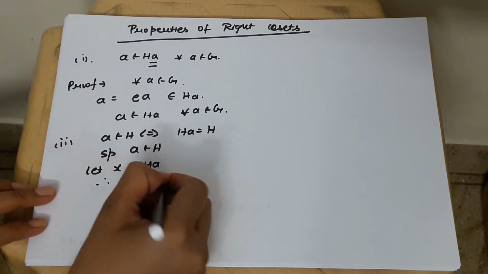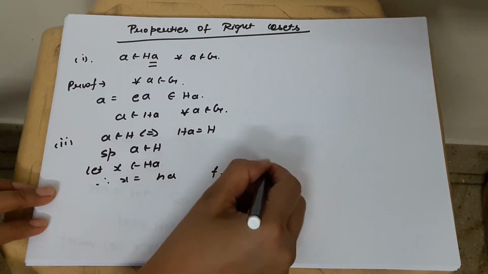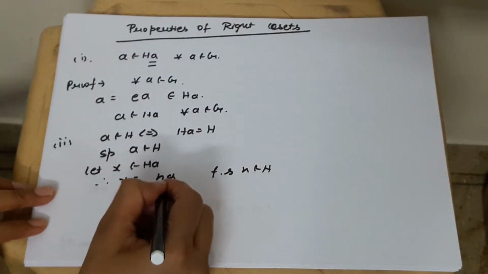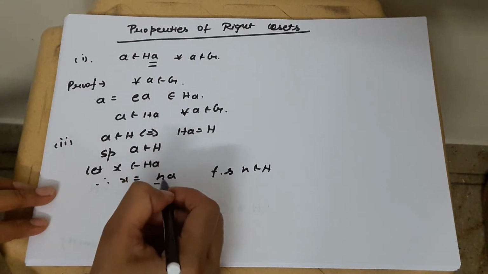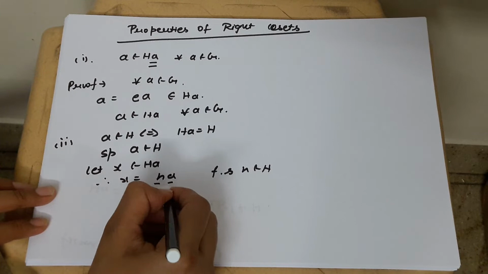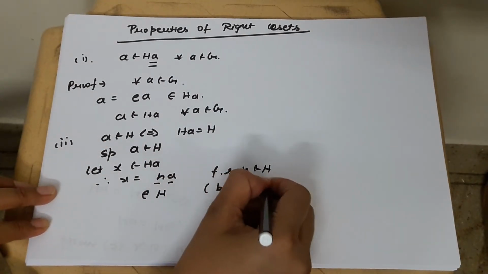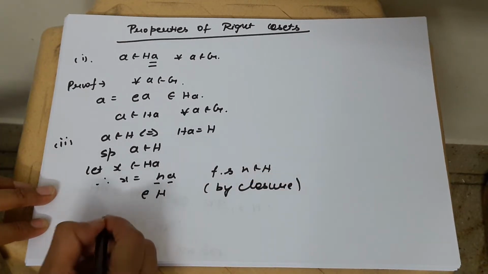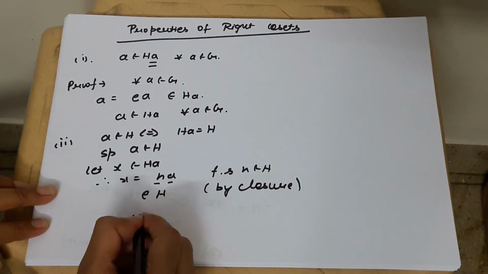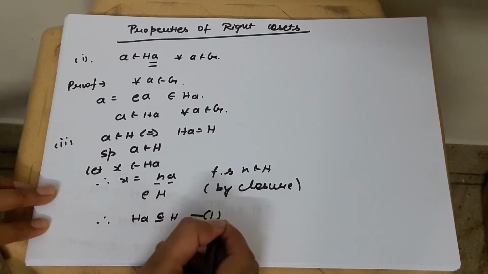Therefore, x is equal to ha for some h belongs to H. Now h belongs to H and a belongs to H, therefore their product belongs to H by closure property. Therefore, Ha is contained in or equal to H, first part.